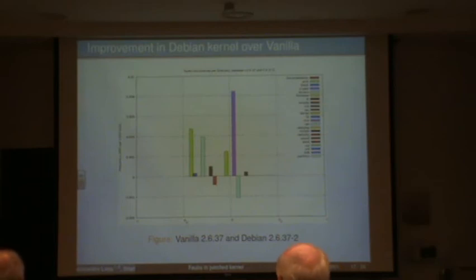Now, I wanted to compare the vanilla and the latest Debian release over the same version. And now it's more interesting because you can see a global improvement. There are some downsides, but globally the figures are positive.